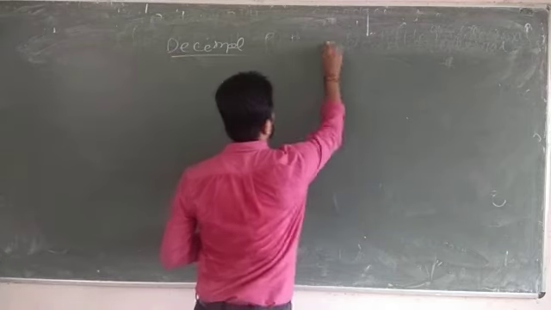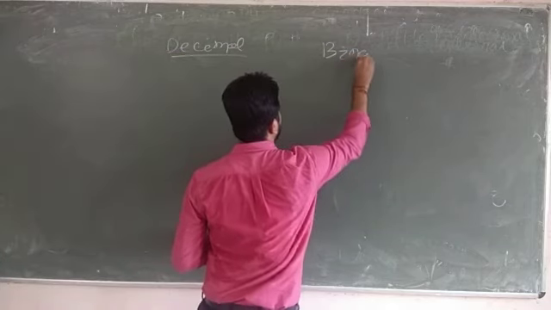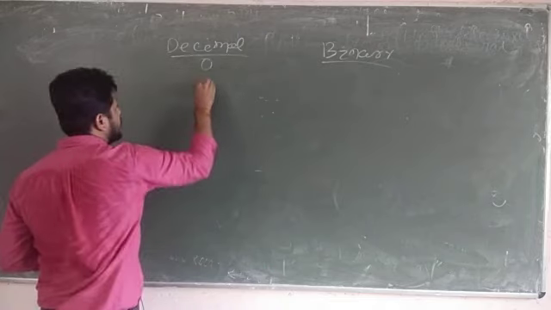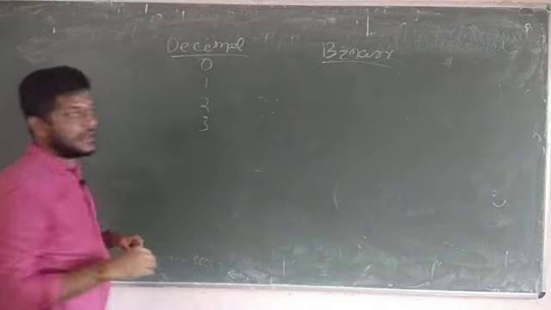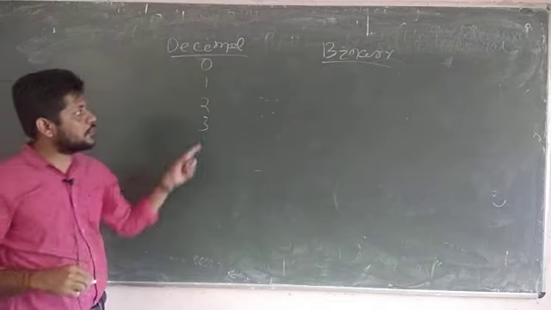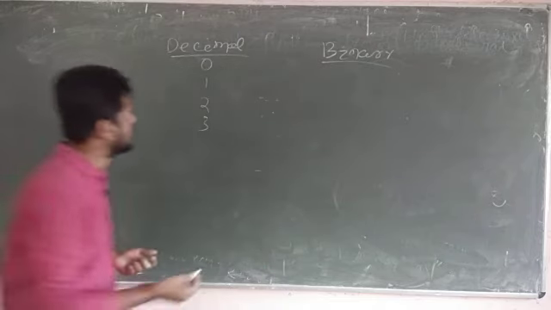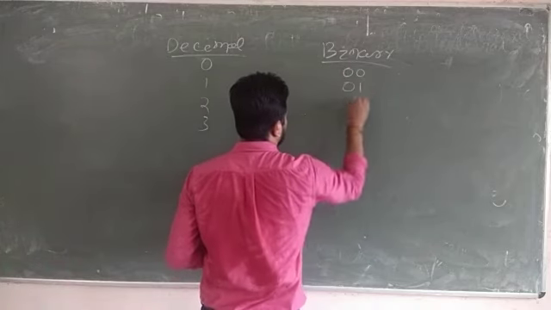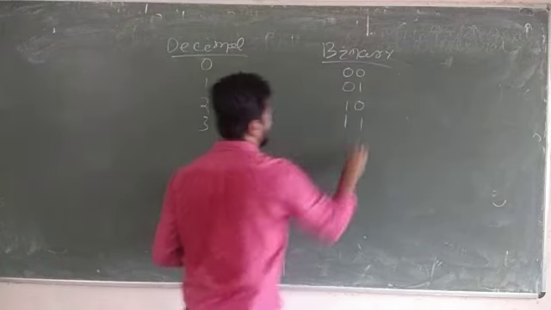Suppose the numbers are 0, 1, 2, 3 in decimal. Then how to write the corresponding binary numbers? The binary numbers are 00, 01, 10 and 11.